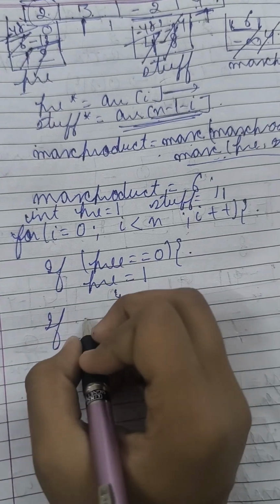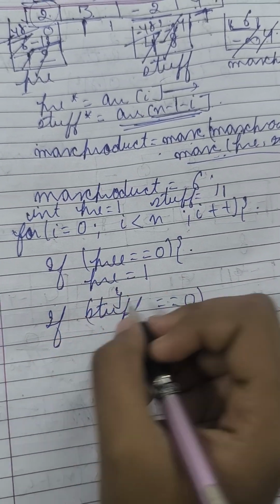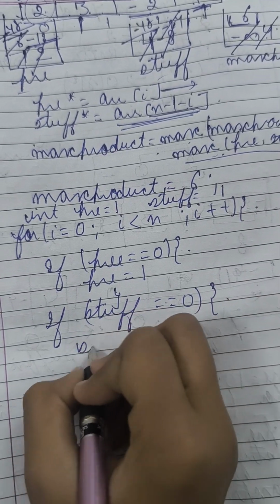and if stuff equals 0, then also turn stuff as 1.